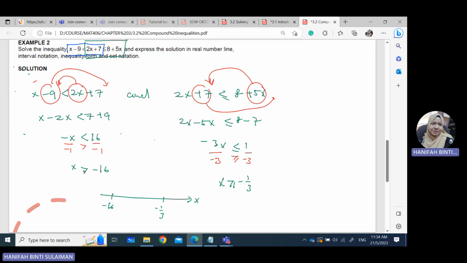Kat sini. So this one is x greater than negative 16. So yang ini greater than or equal to negative 1 over 3. Menghampiri ke infinity.